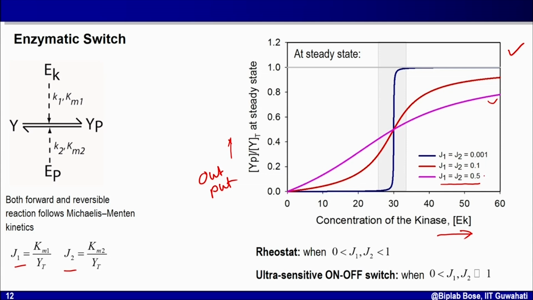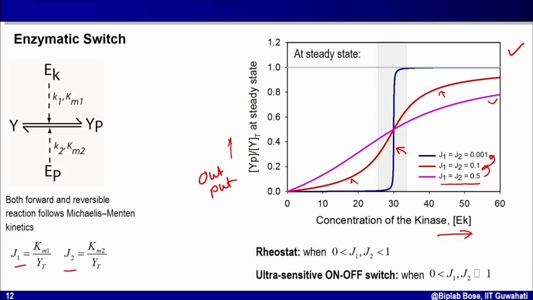If I make J1 and J2 slightly smaller, from 0.5 to 0.1, then I get this red curve, which is quite sigmoidal. Now make J1, J2 further small. Now I have taken J1 and J2 both equal to 0.001, very small. Then this sigmoid becomes very sharp, this blue line.